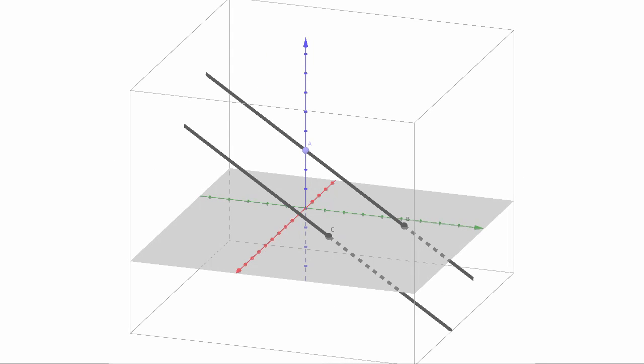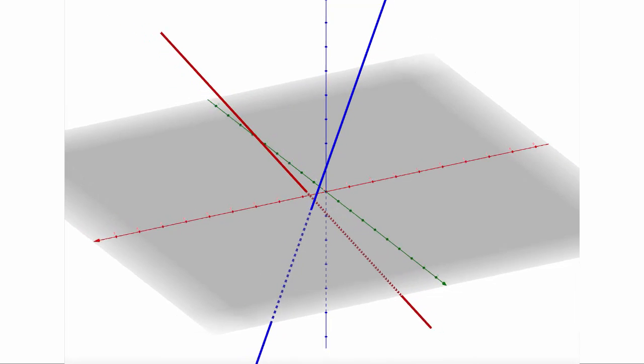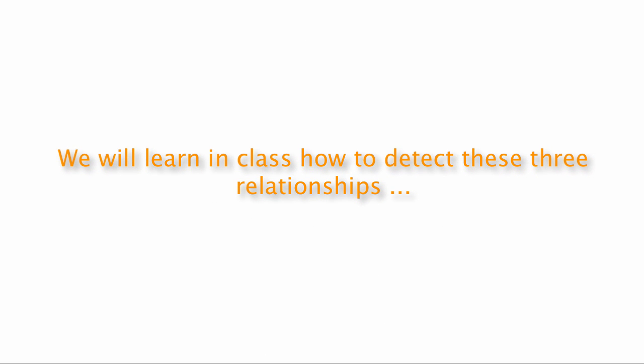They can also be parallel, meaning they have the same direction vectors but no common point. The extra and special situation is that these two lines can also be skew, where they are not parallel and not intersecting. In class, we'll show you techniques for detecting this relationship between the two lines.